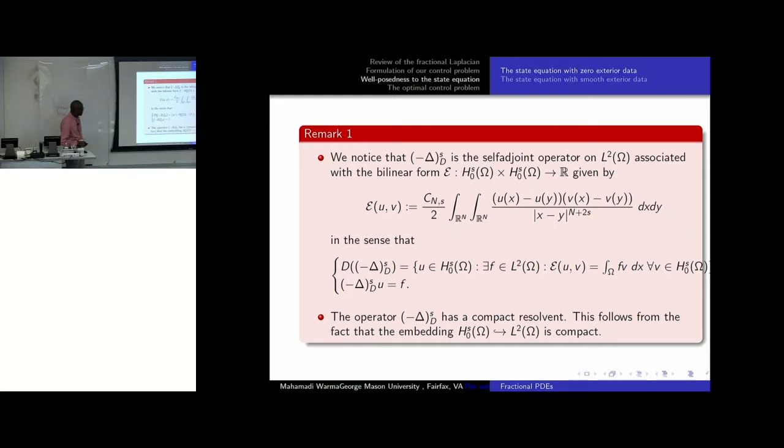No, U is only the resolvent applied to F, because this operator is invertible. That's the only thing you can say.